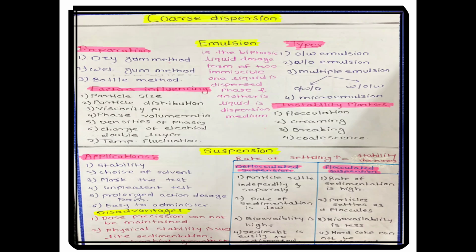In deflocculated suspension, particles settle independently and separately. Rate of sedimentation is high. In flocculated suspension, rate of sedimentation is slow or low. Particles settle as flocs. Cake formation is low. In deflocculated, cake formation is high. Sediment is easily redispersed. Hard cake cannot be redispersed.